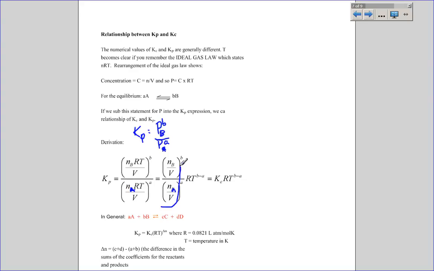Hopefully what you can see here is that this is actually the concentration of B to the b over the concentration of A to the a, which is the Kc value. So Kp is actually equal to whatever the Kc is for a particular equilibrium times RT to the b minus a.